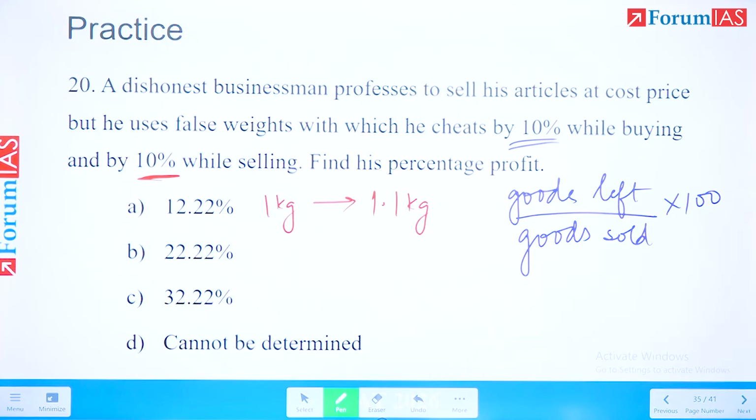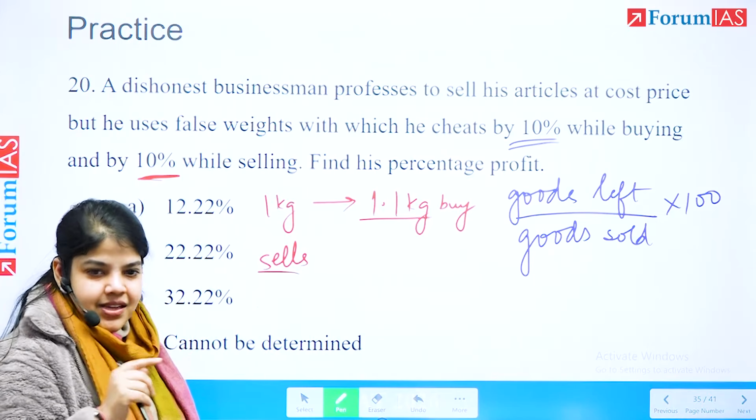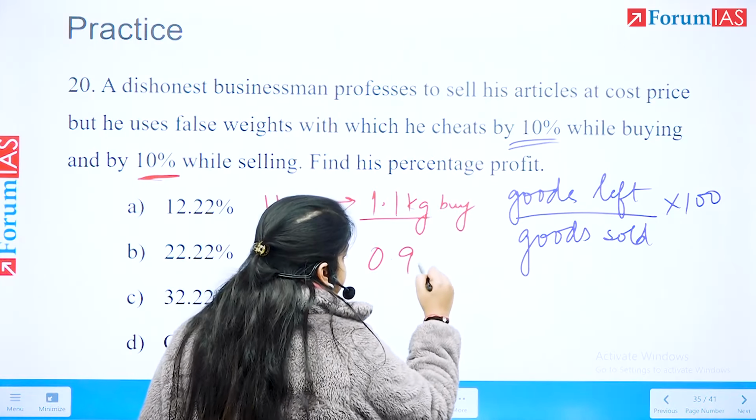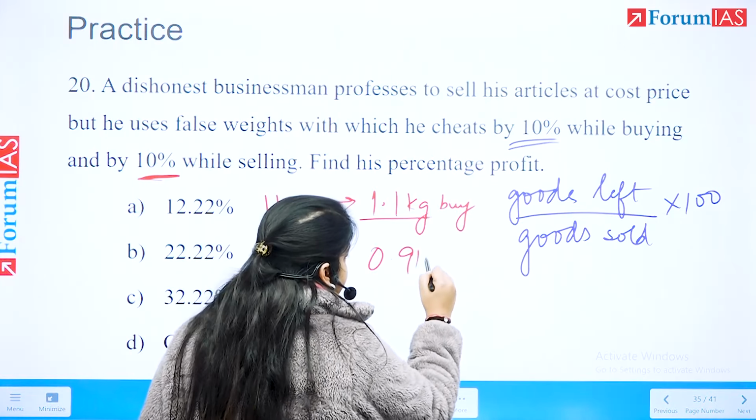A dishonest businessman professes to sell his articles at cost price, but he uses false weight with which he cheats by 10% while buying. So he was supposed to buy 1 kilo, but he got 1.1. He was supposed to sell 1 kilo, but he actually sold 0.9. And when he's selling, he's again cheating by 10%. Bola 1 kilo becha, but how much did he sell? 0.9 kg while selling.